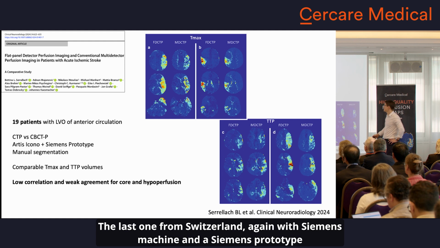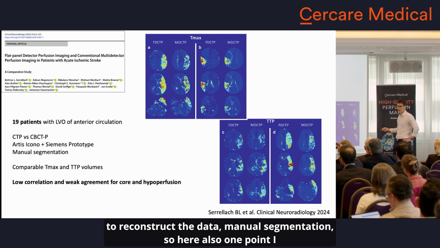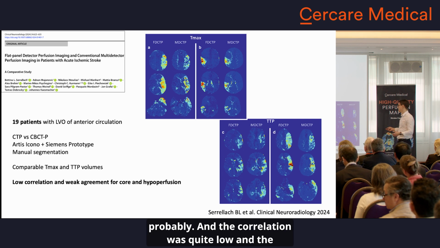The last one is from Switzerland, again with a Siemens machine and a Siemens prototype to reconstruct the data, with manual segmentation. So here also one point I told you: very time consuming if you have to do it manually, no clinical impact probably.